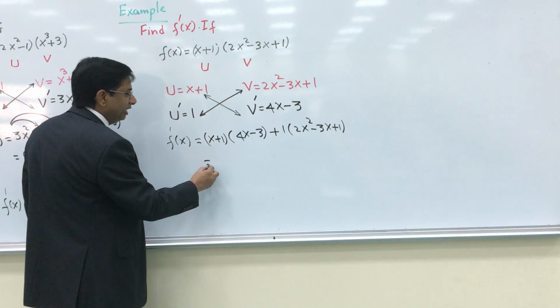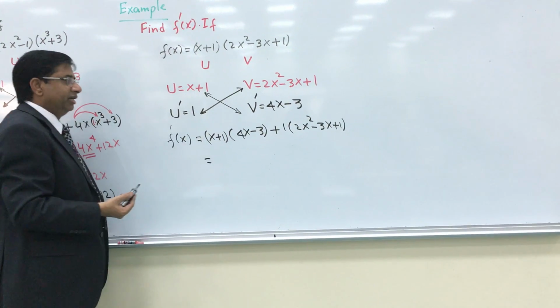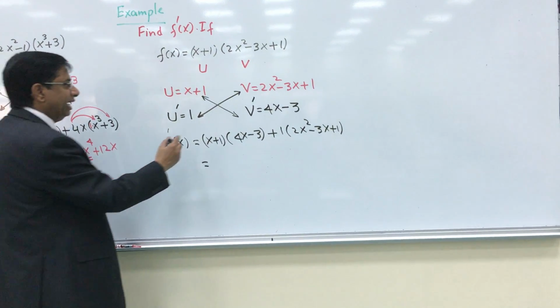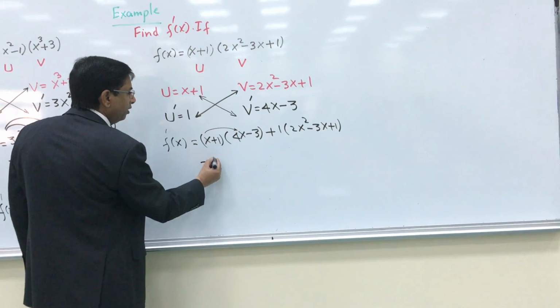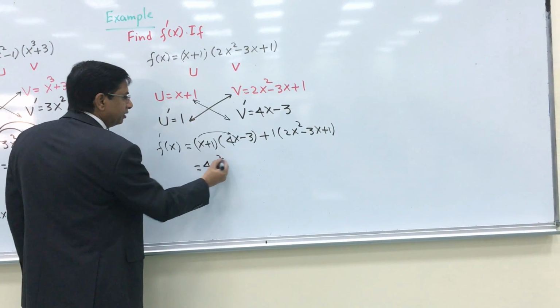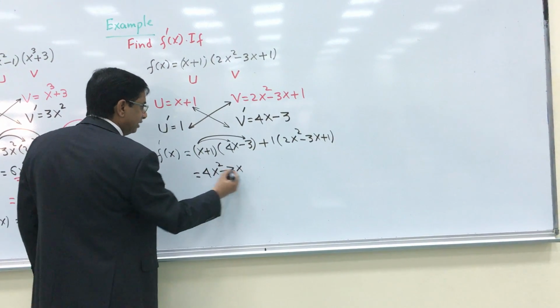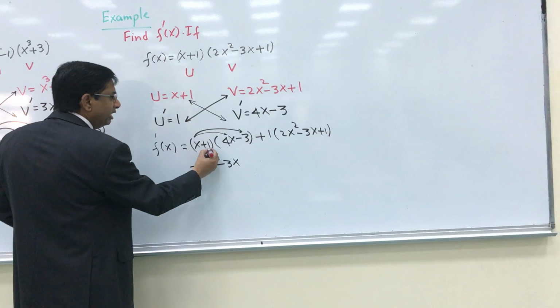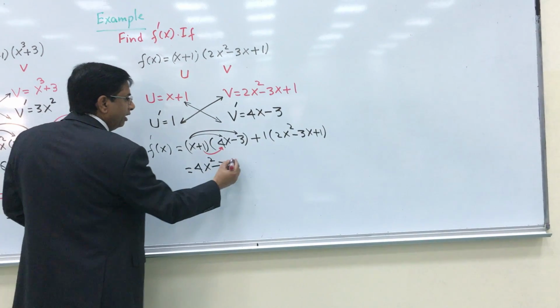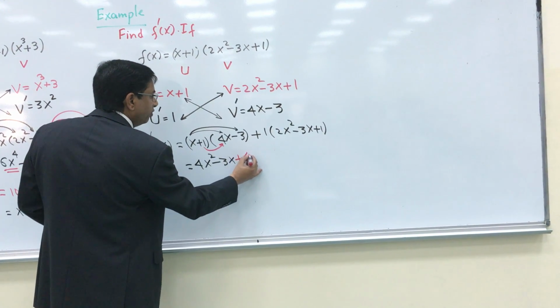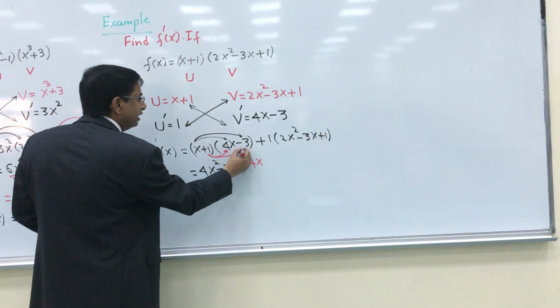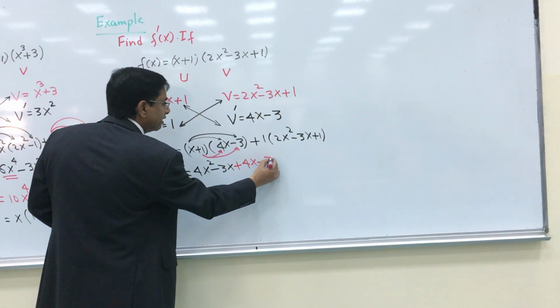Okay, now here you can simplify. Multiply x with the first, 4x squared, x multiplied with the second, minus 3x. Now the second term we multiply: plus 4x, and then this is minus 3.